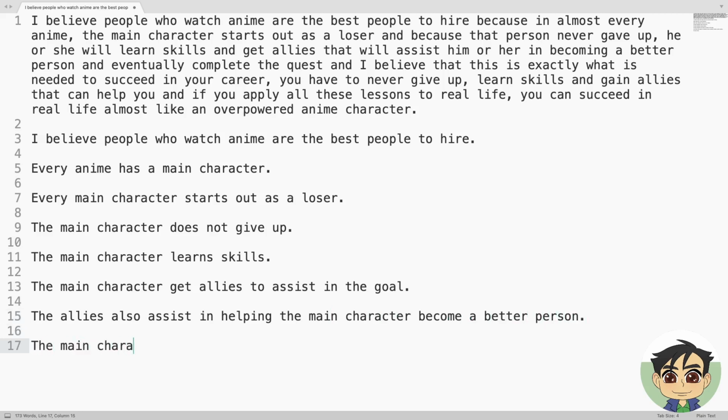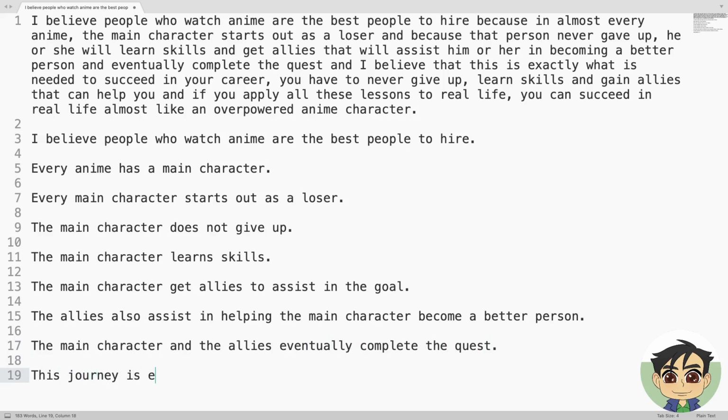The main character and the allies eventually complete the quest.